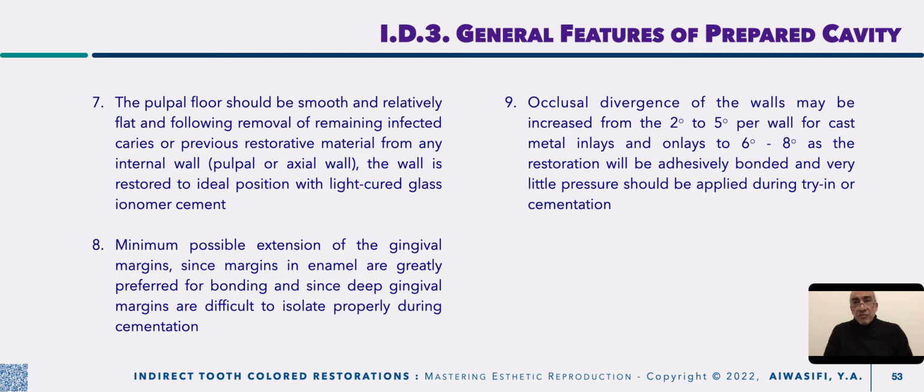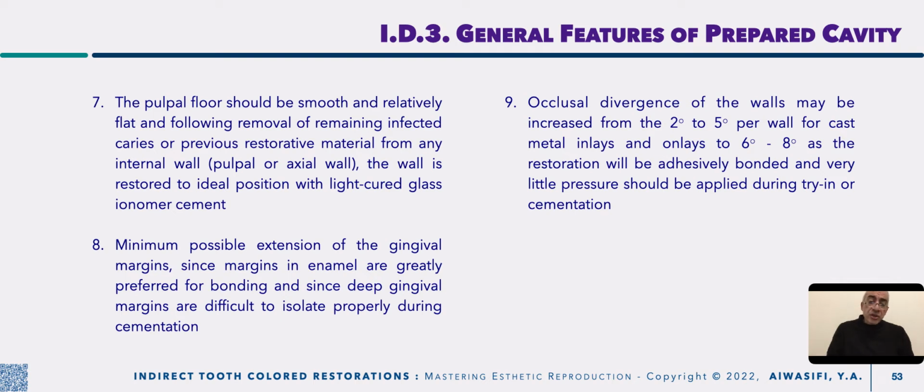The degree of divergence for all indirect restorations should allow nearly parallel walls that provide frictional wall retention, which compensates for, or tries to compensate for, deficient axial retention. But in our case, divergency should be higher than that of cast metal restoration.